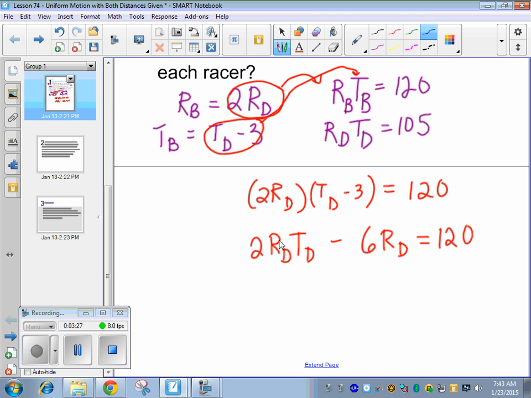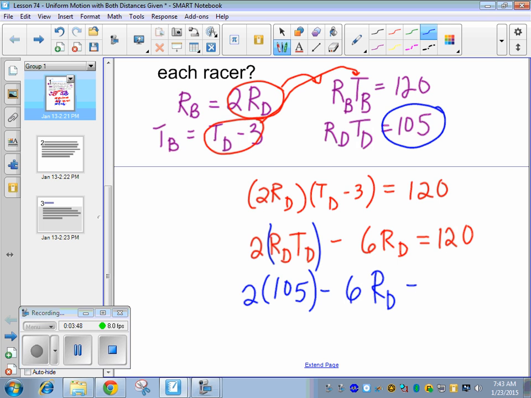Okay, what are we going to replace RDTD with? Zach? Yeah, RDTD is equal to 105. So 2 times, sorry, 2 times 105 minus 6RD equals 120. All right, there we go.